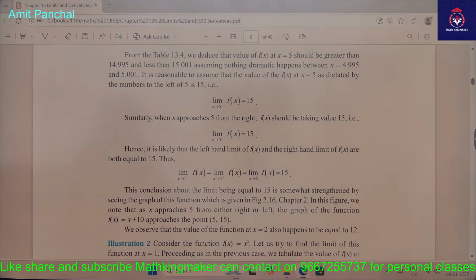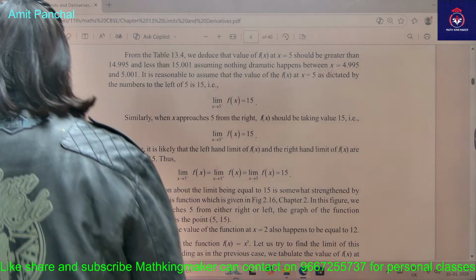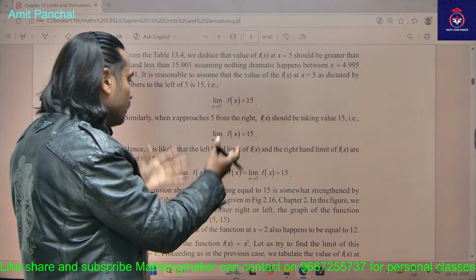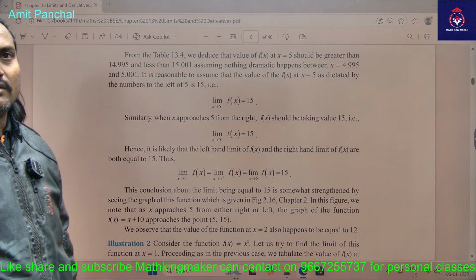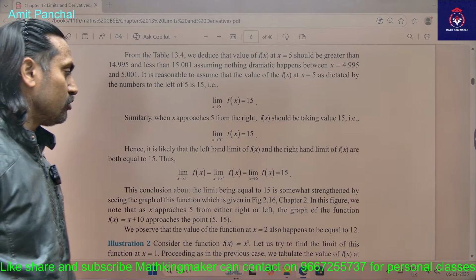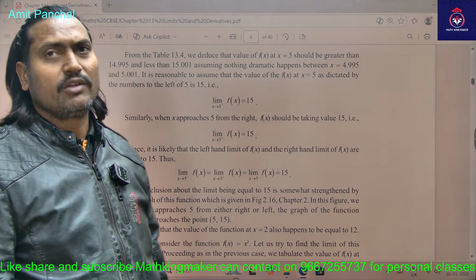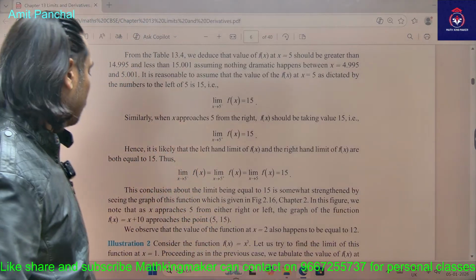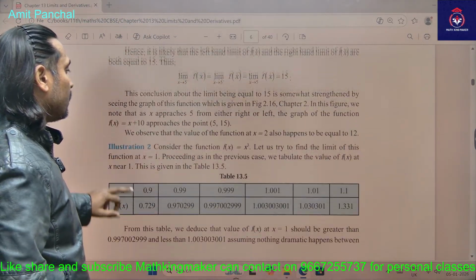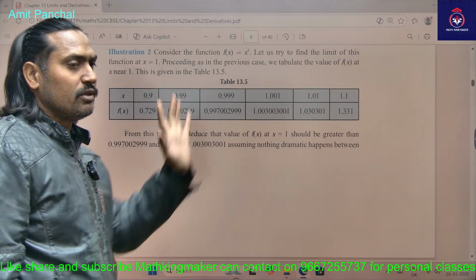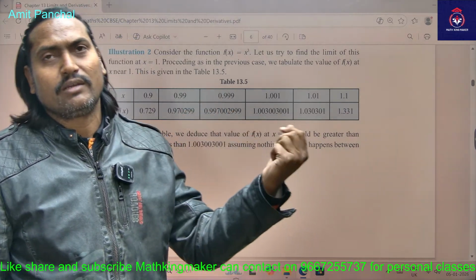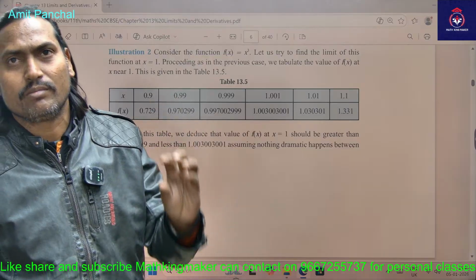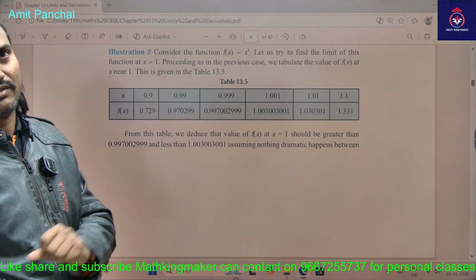So if these three values are the same at a particular point, then we say that its limit exists at that point. You have to check whether the limit exists at a particular point or not. We'll see the questions, then you will understand. But the basic concept of limit is that you go towards the point from the left, and you come closer to the point from the right, and if you are approaching the same value, then your limit will exist.